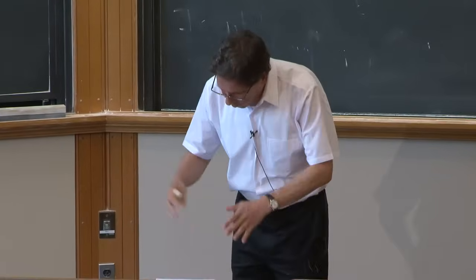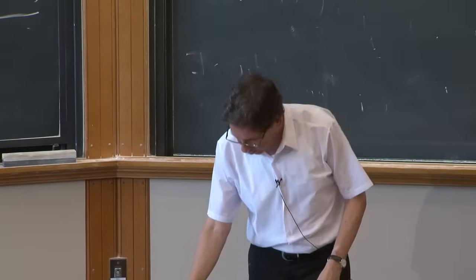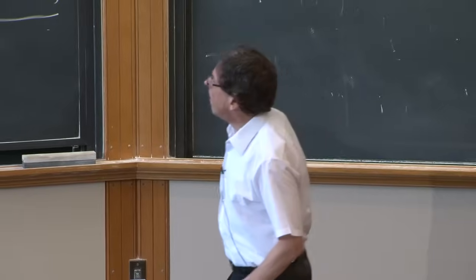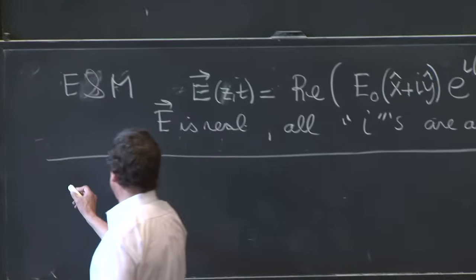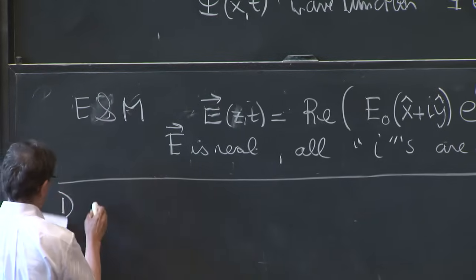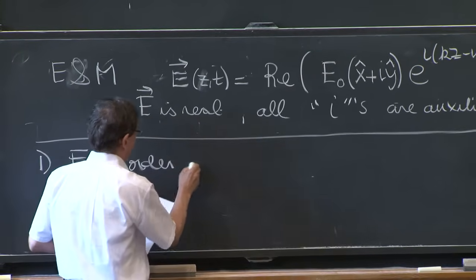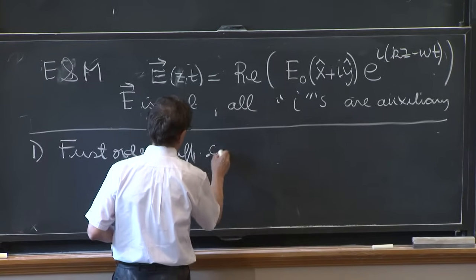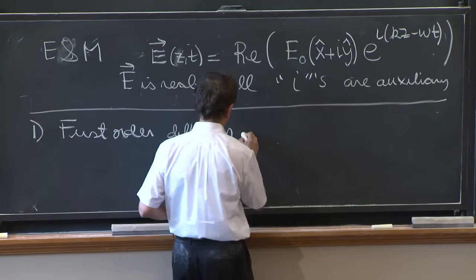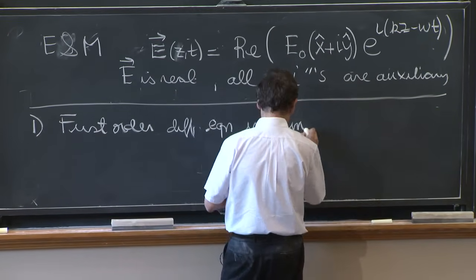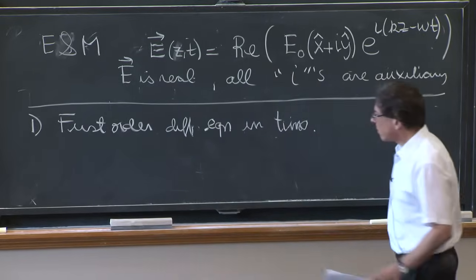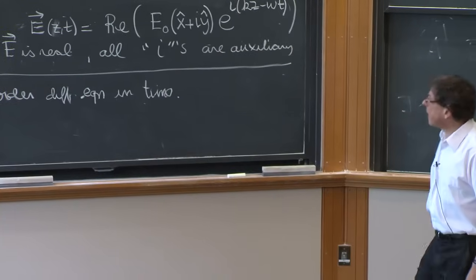So we make a few remarks about this Schrodinger equation to get started. First remark is that it's a first order differential equation in time. This has implications.